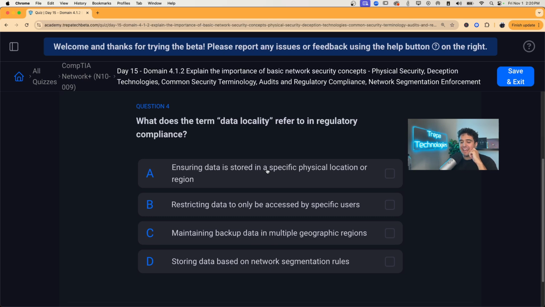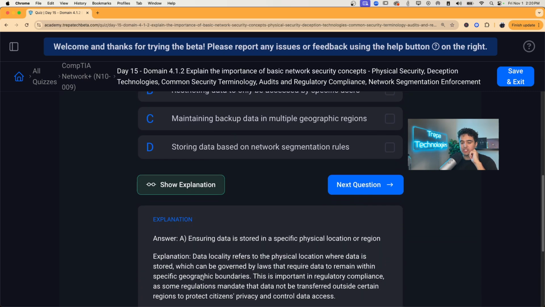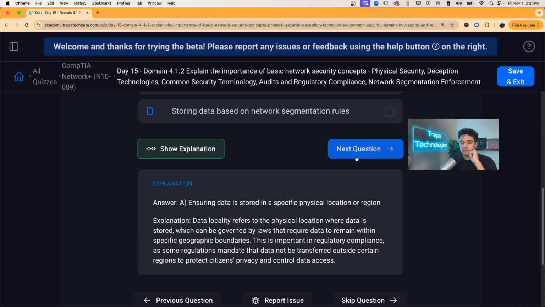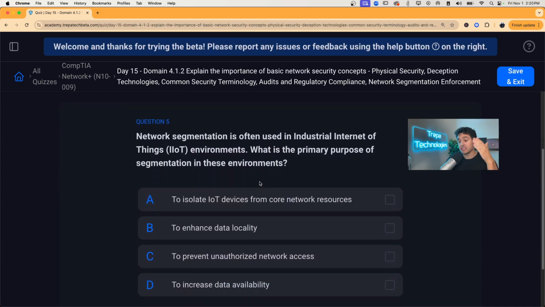What does the term data locality refer to in regulatory compliance? I'm going to go with A, ensuring data is stored in a specific physical location or region. Yep, governed by its own laws, right? Because EU versus US.